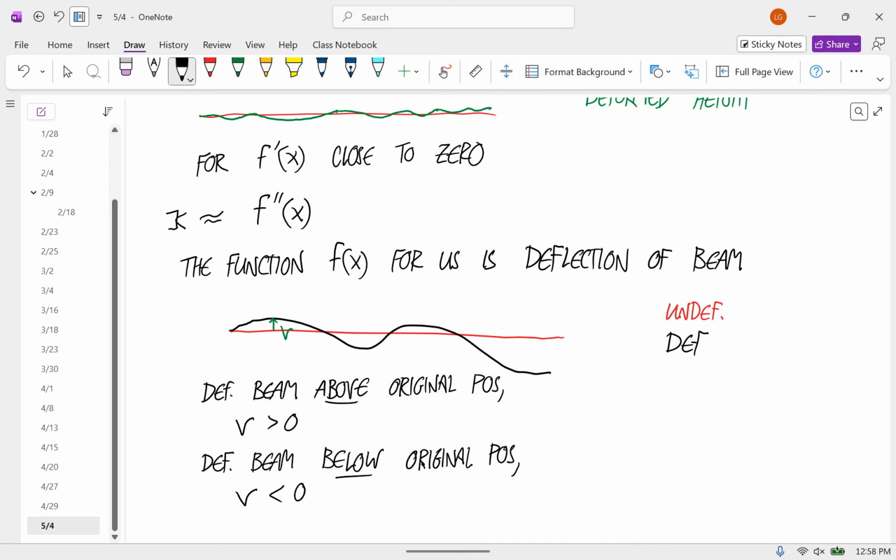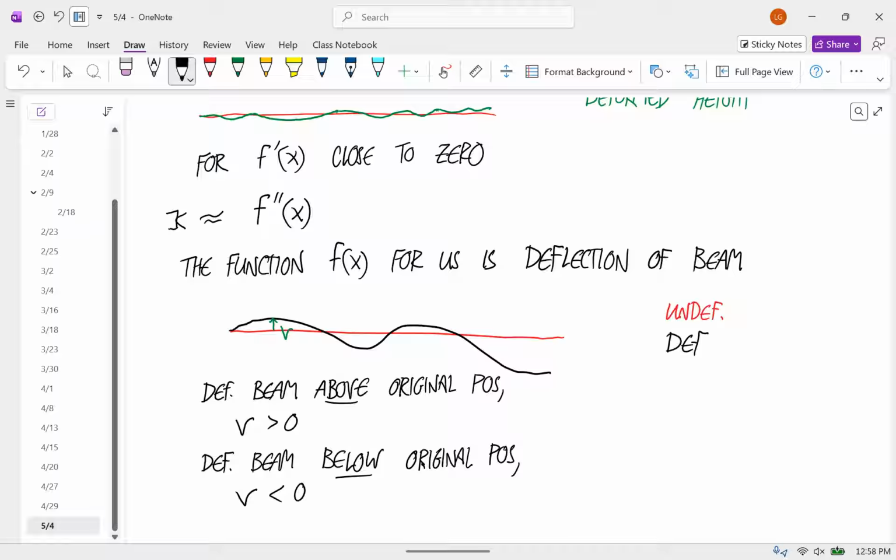Okay, so let's look at these. So for the part from here to here, is the deflection of this beam positive or negative? Positive. From here to here, positive or negative? Negative, positive, negative. Okay, so that's what this deflection is going to mean.